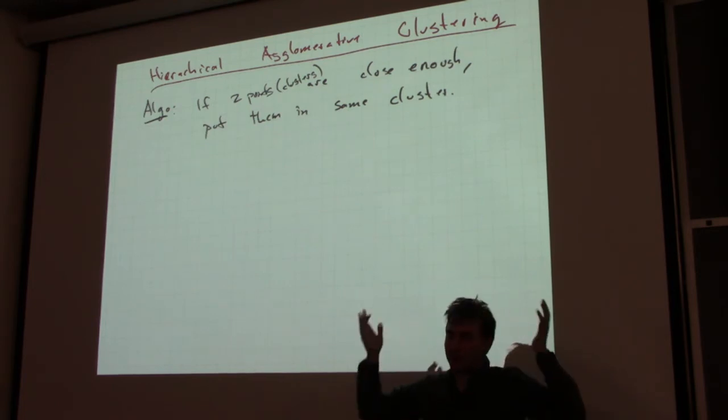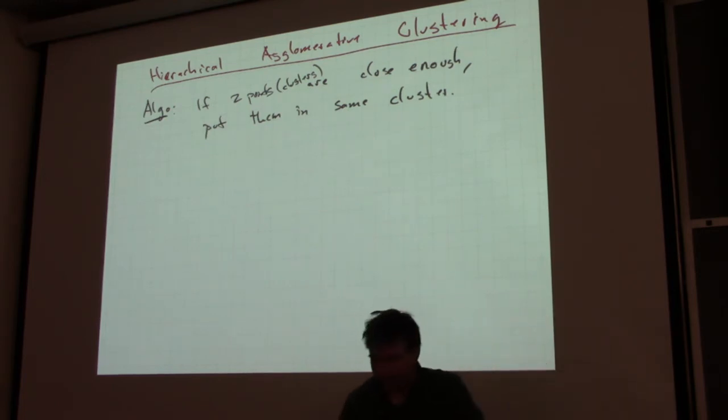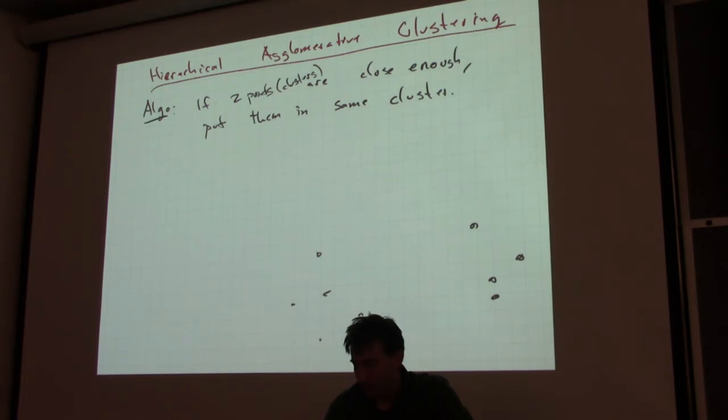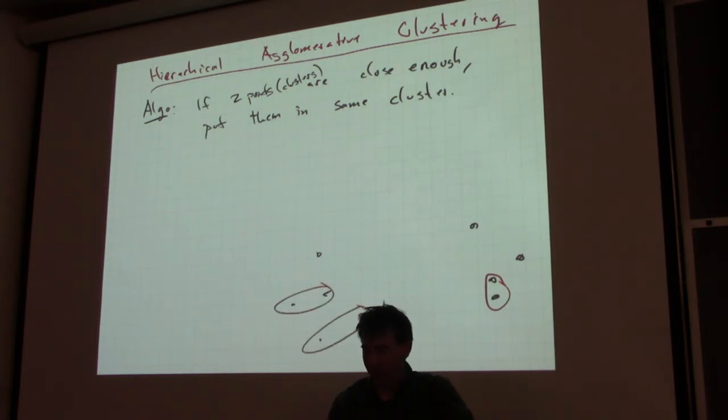Okay, so I'm going to start with a bunch of points, and they're in the plane again. I found these two points, they're close enough, so I'm going to put them in the same cluster. Maybe these two points are close enough, these two points are close enough.